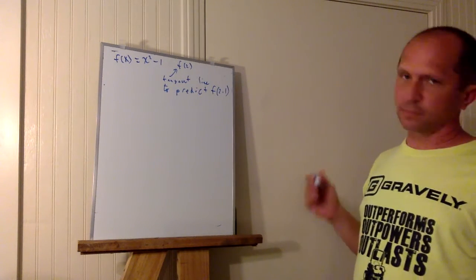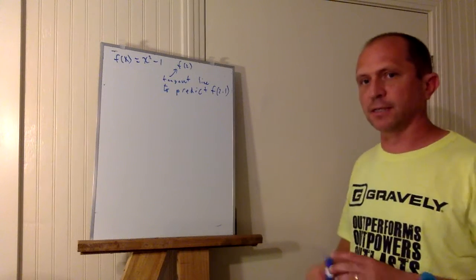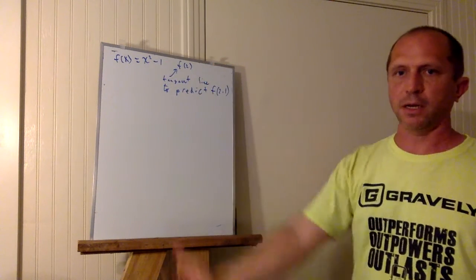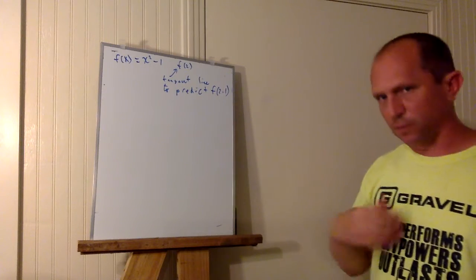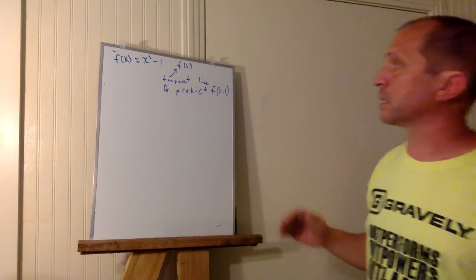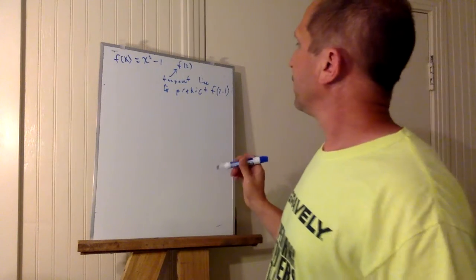All right, now, this is a basic example. I know, any one of us could pick in 2.1, plug it in here, and get an exact answer. That's fine. That's not what we're trying to do here, though. We're going to use a tangent line to make this prediction.